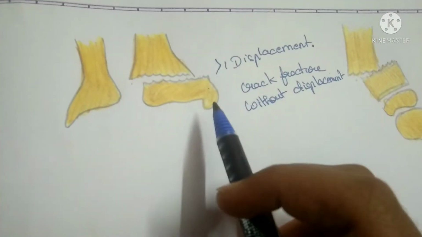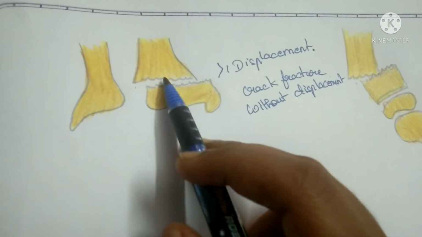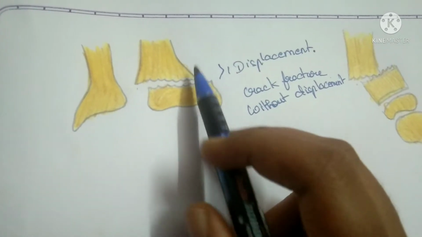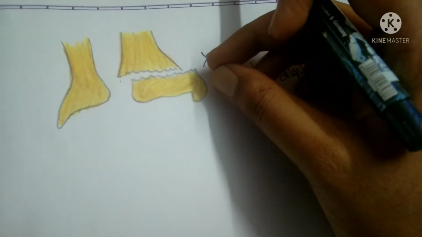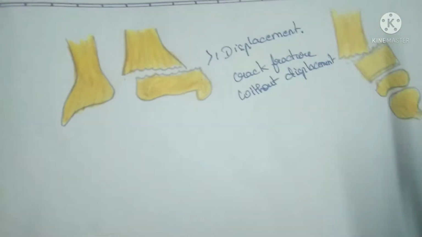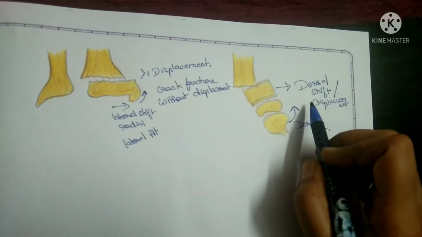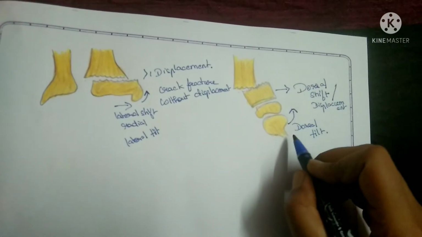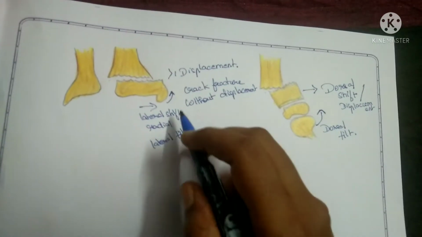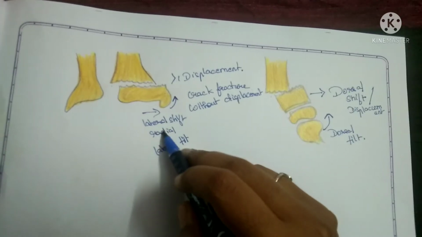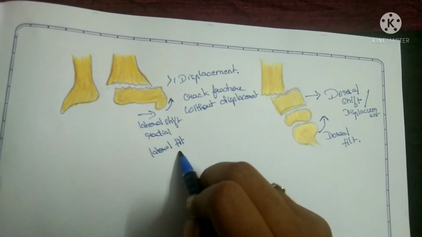The displacements seen in Colles fracture are, first, impaction of fragments, where pieces of the fractured segment jam together. Then we have the dorsal shift or dorsal displacement, next the dorsal tilt, then the lateral shift or radial shift, then the lateral tilt.